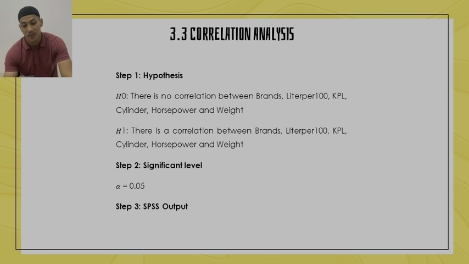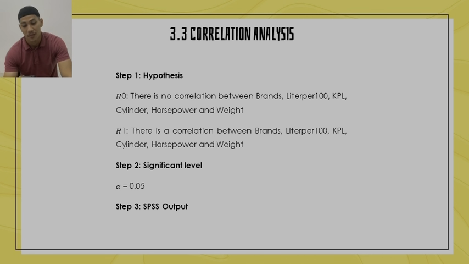H0: there is no correlation between brand, liter per 100, KPL, cylinder, horsepower, and weight. H1: there is a correlation between brand, liter per 100, KPL, cylinder, horsepower, and weight.